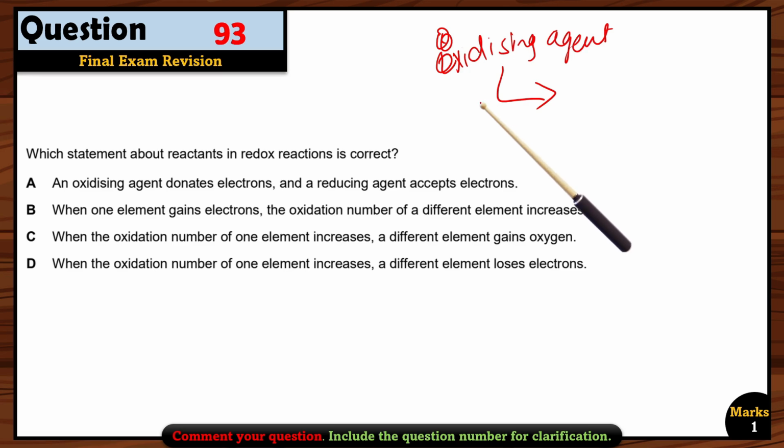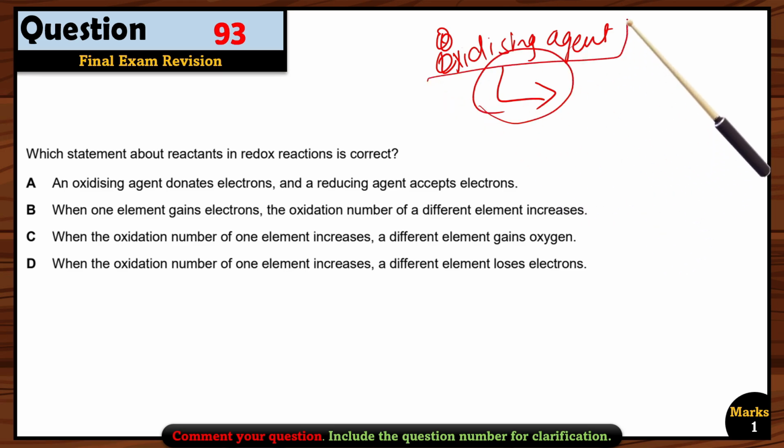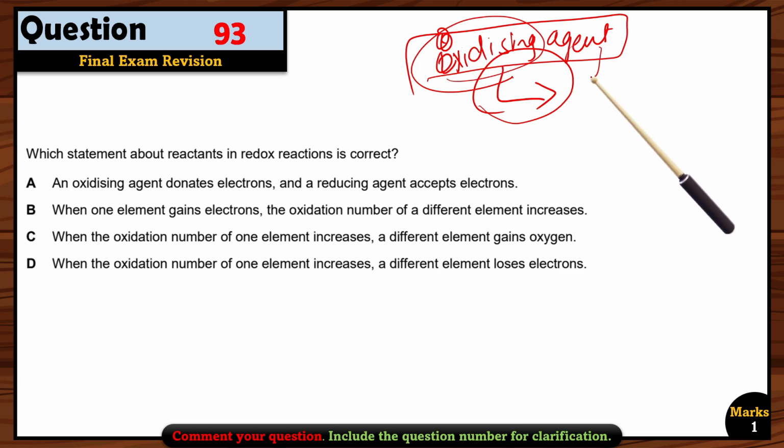So an oxidizing agent will always be reduced. Remember that, it will never be oxidized. Don't get confused. Most of the time students get confused. They think an oxidizing agent is the compound or element that is actually oxidized. No, the agent's job is always the different one. So if it is working as an oxidizing agent, it means it is itself reduced. So an oxidizing agent always reduces.